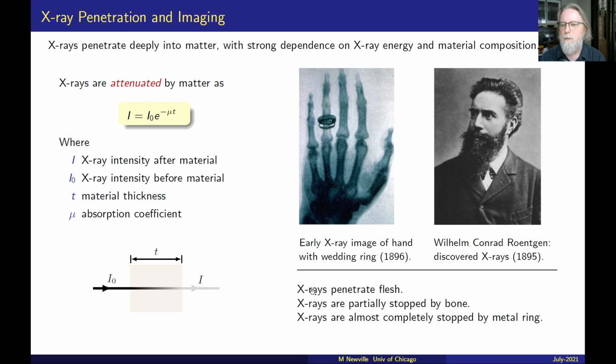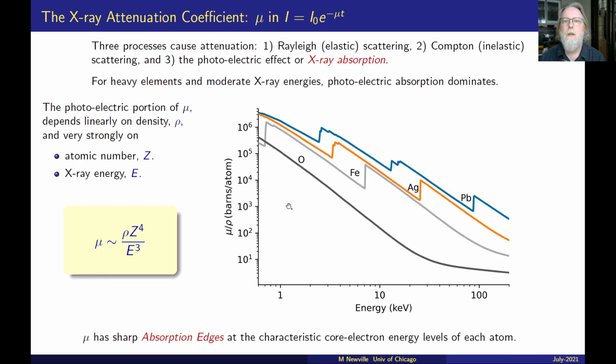And that is that X-rays penetrate flesh very well, and they are partially stopped by the bone in the hand. And if there's a ring, which will be almost completely metal, the X-rays are almost completely stopped by the metal. And this leads immediately to important uses for medical imaging and also in research science.